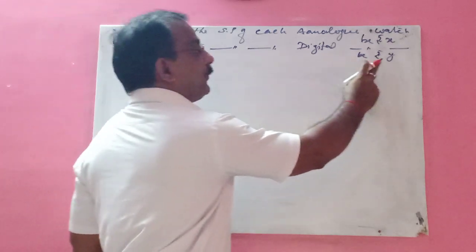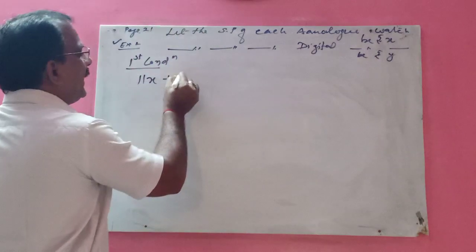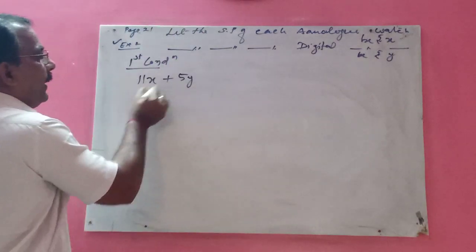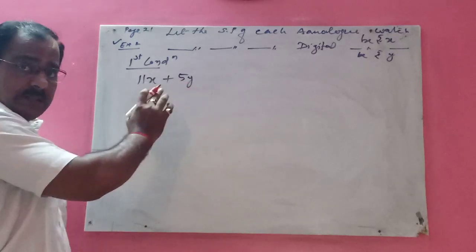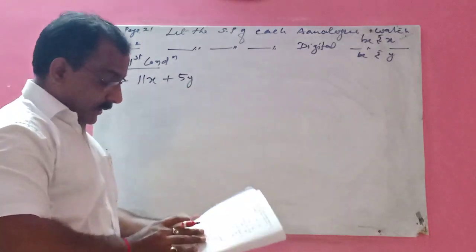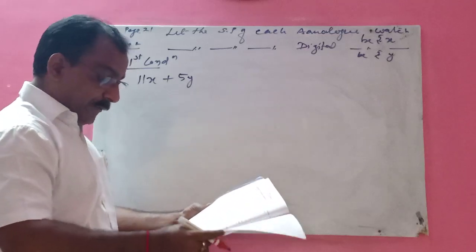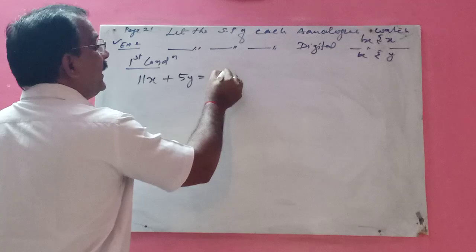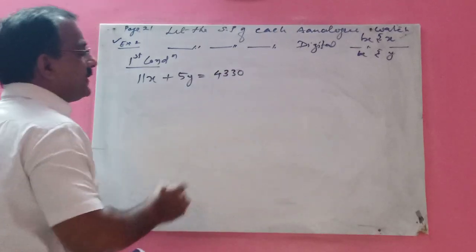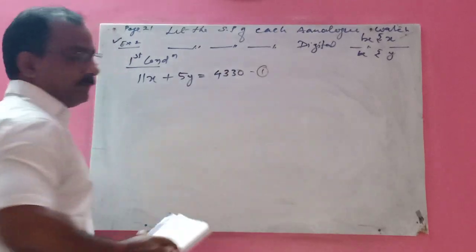What is the selling price of each? Y. So 6 into Y. This is the amount of analog watches and this is the amount of digital. Total amount he got on the first day? 4,330. So 11X plus 6Y equals 4,330. This is your equation number 1.